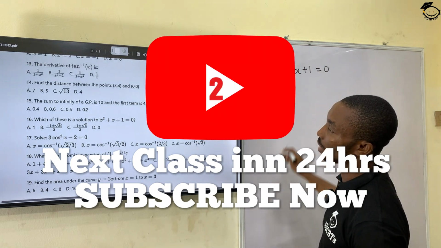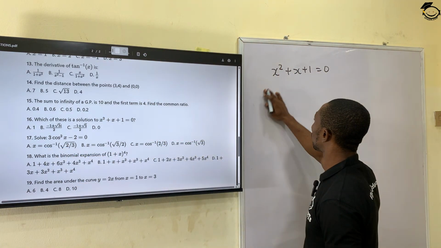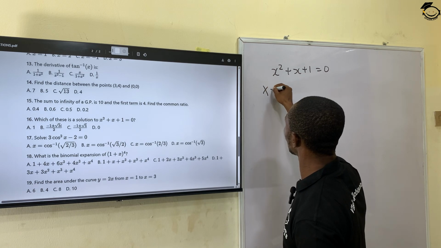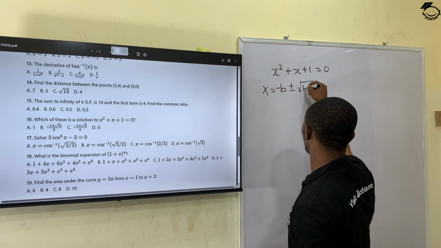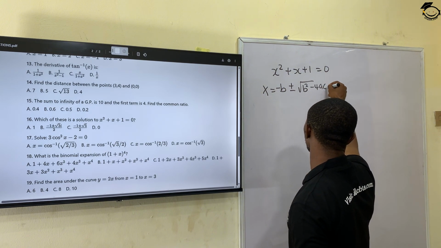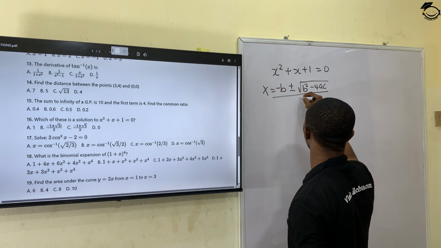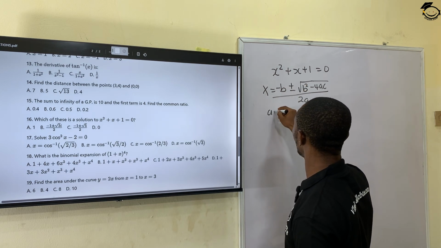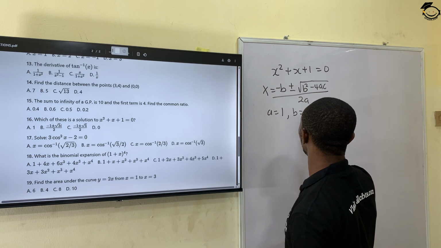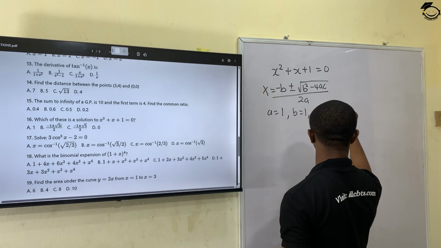Now to solve this, we will use the quadratic formula, which is x equals minus b plus or minus the root of b squared minus 4ac, all over 2a. From here, our a is 1, b is 1, and c is 1.